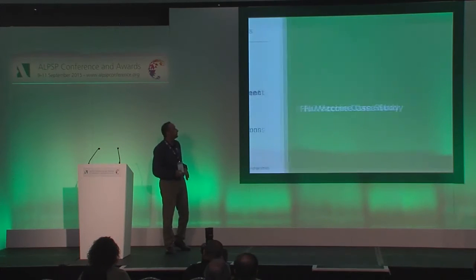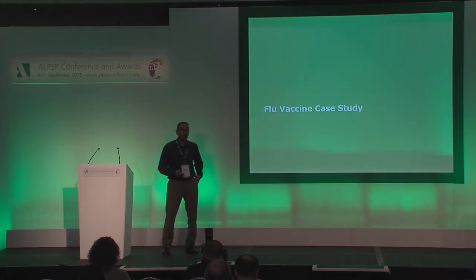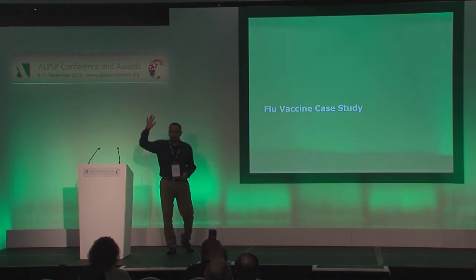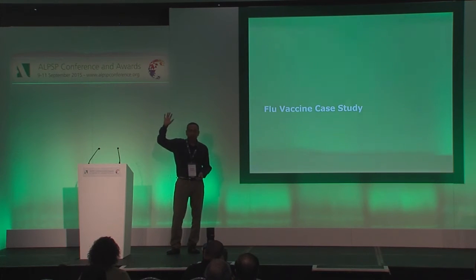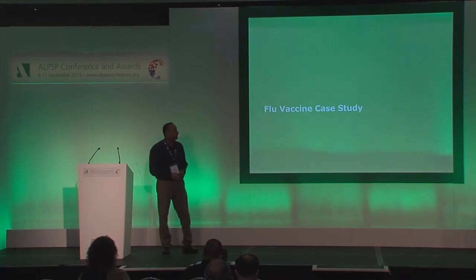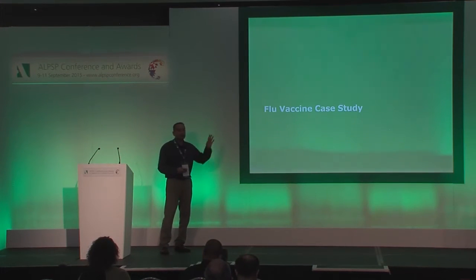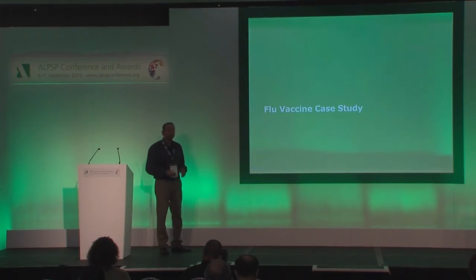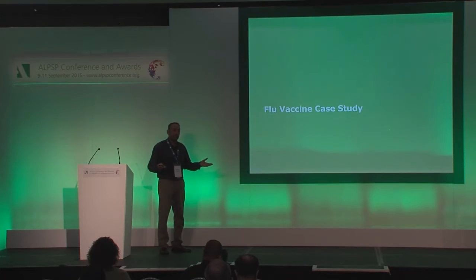So let's start with the flu vaccine case study. Put your hands up if you remember the flu epidemic that happened a few years ago. It was very high profile in the news. And essentially we were told we should be taking these vaccines to help immunize us.